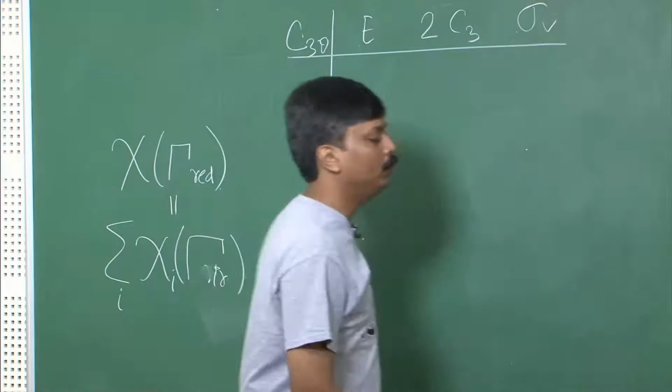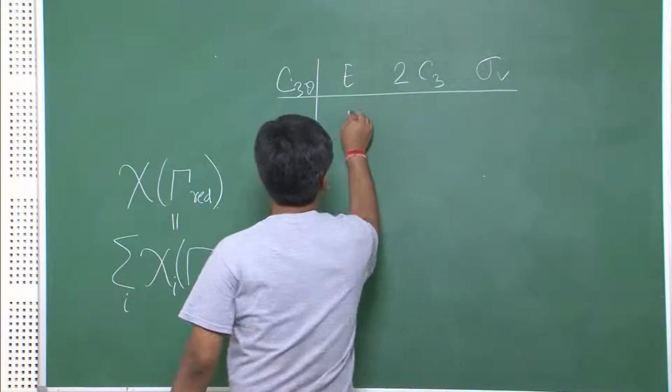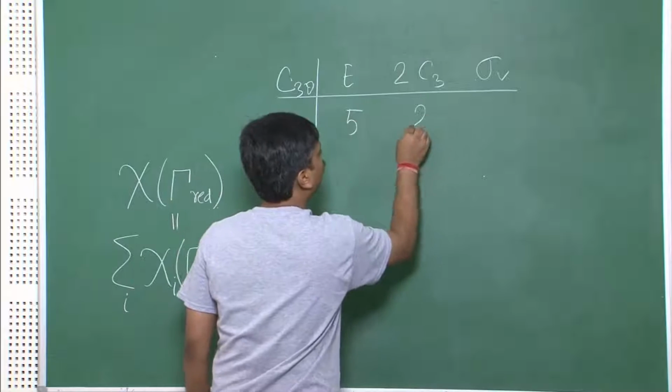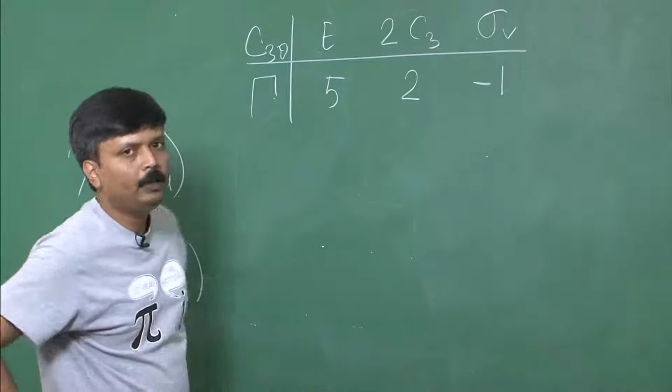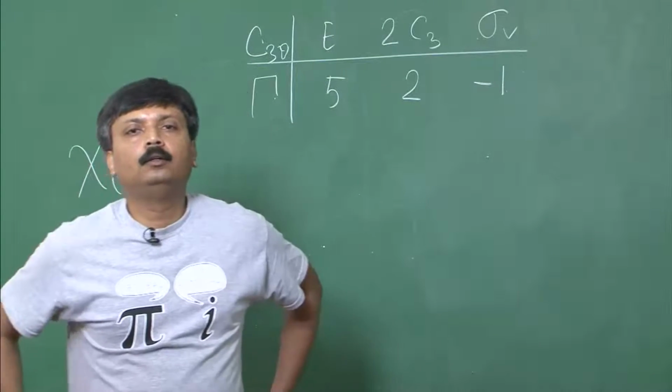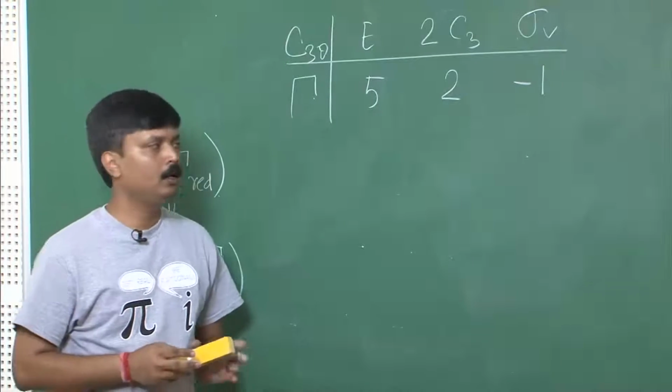What I can do is form the matrix and then find the character. So suppose I get the character of my representation as this. Suppose this is my character and this is reducible.